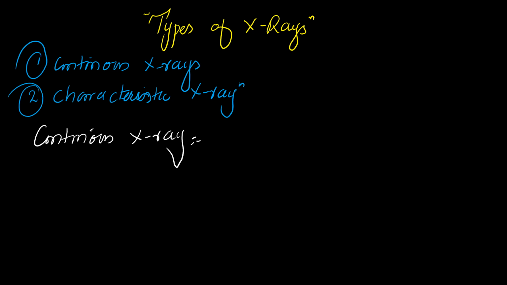So due to deceleration of the incident electron caused by the nucleus of an atom, the energy in the form of radiation produced is known as continuous X-rays. So in continuous X-rays, student, consider this is an atom.